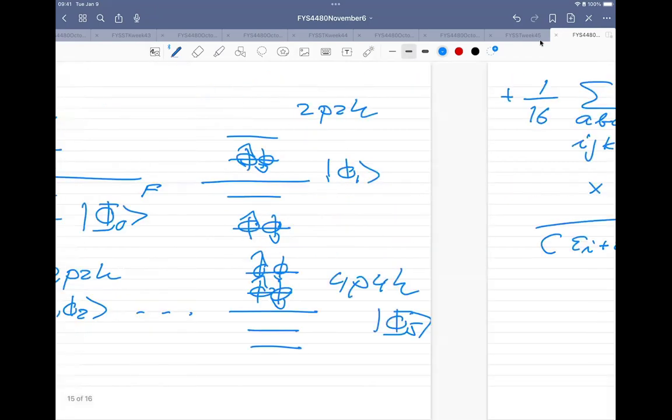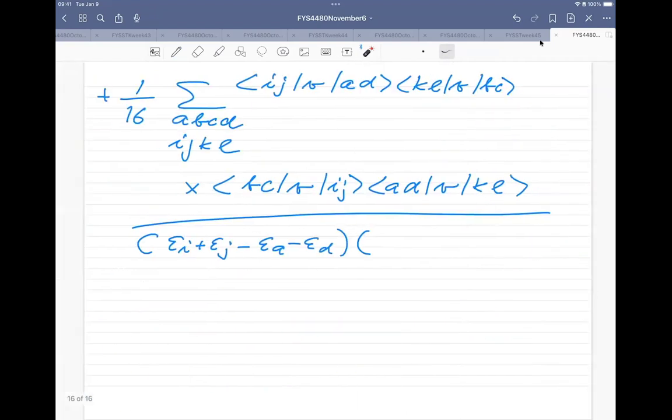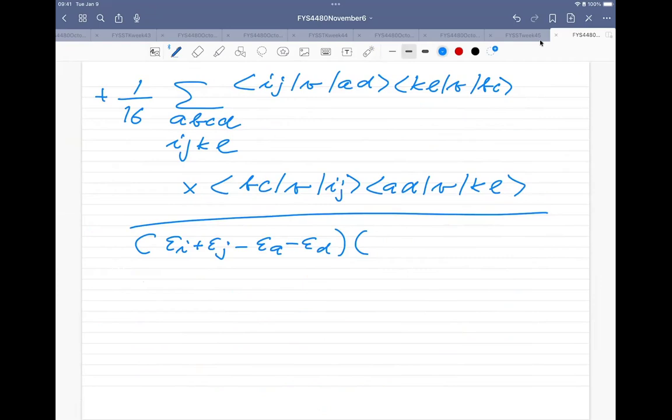So let's look back a little bit, because now I need to take into account all the particle and hole states, because I have 4 particles and 4 holes, and that will give me an energy denominator, which is going to be epsilon I plus epsilon J plus epsilon K plus epsilon L minus epsilon A minus epsilon B minus epsilon C. As you can see, I actually still know the alphabet.